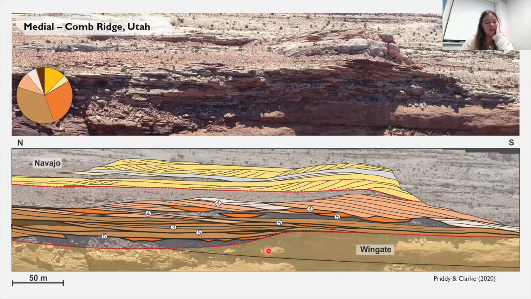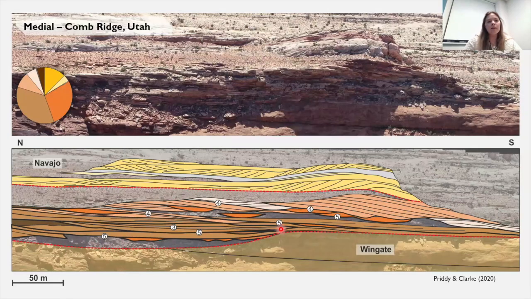But as you can see, looking at the interpreted panel, we still get quite a lot of amalgamated sand, but now we're getting these pockets of overbank between these large amalgamated elements. So we've got a lot of accretion in this model, as well as quite a lot of sheet flood elements too.